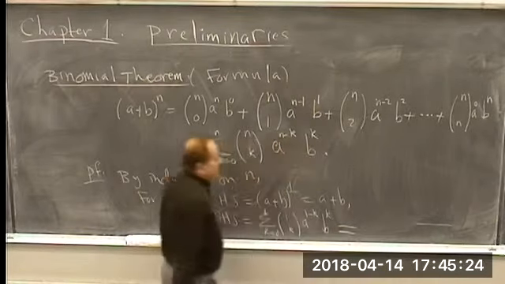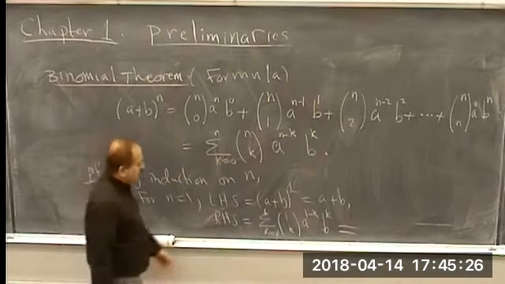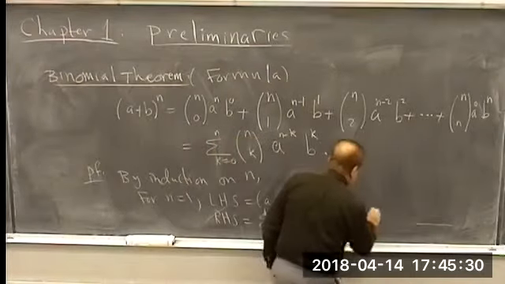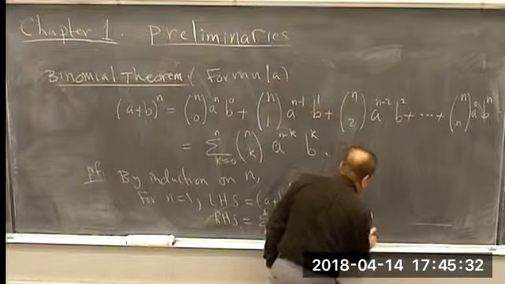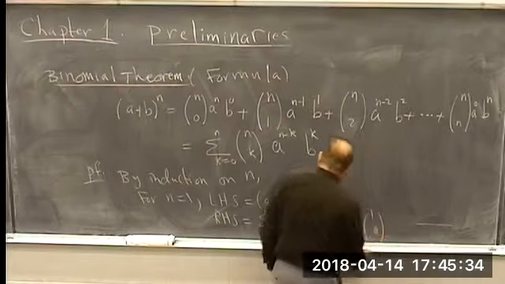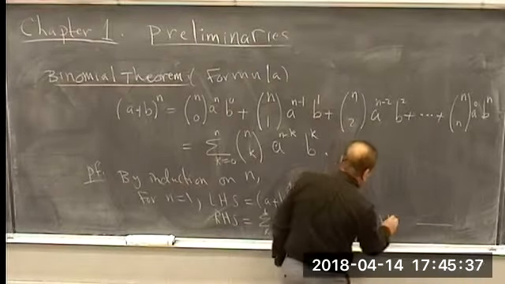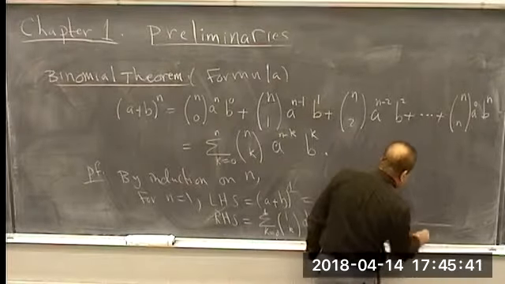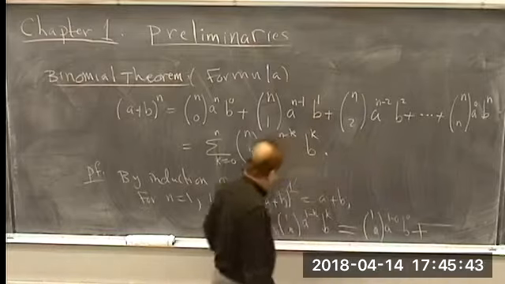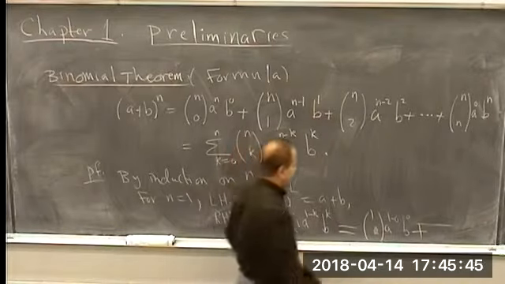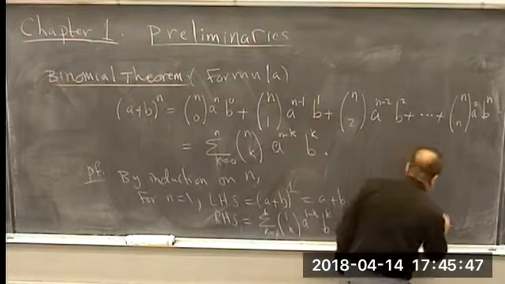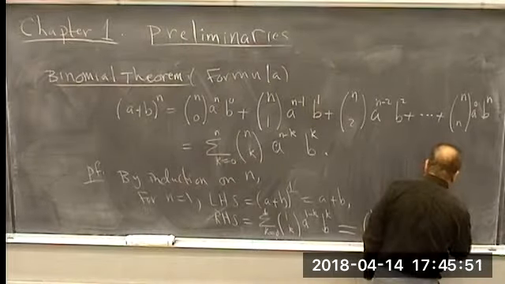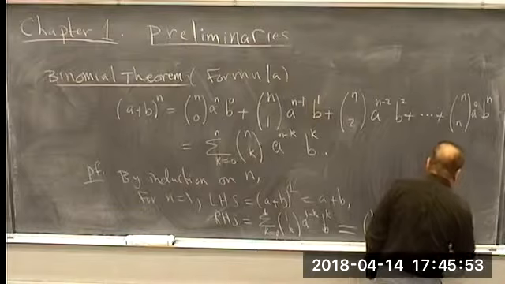Well, let's run the summation. So we're going to start with k equals 0, plugging in inside the summation. So this one is 1 choose 0, then we have a to the 1 minus 0, b to the 0, plus, when k equals 1, and this is the last value for k, then this is 1 choose 1, a to the 1 minus 1, b to the 1.